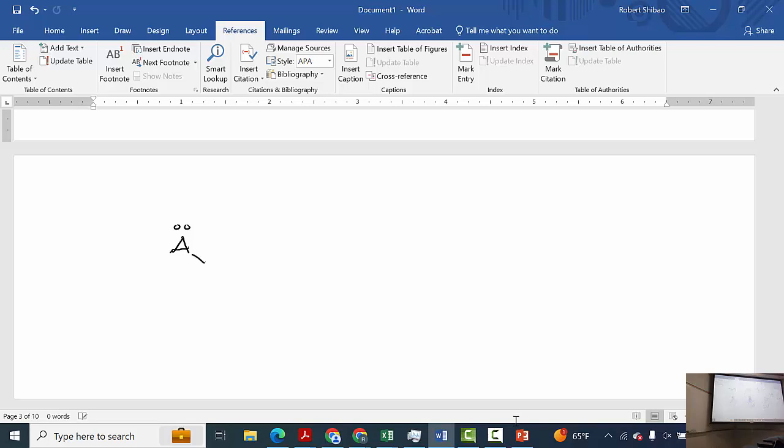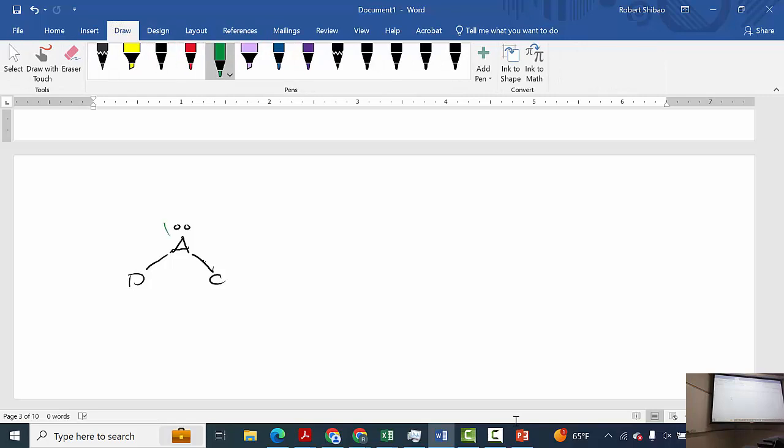The other scenario that we're going to run into is if we have 2 bonded groups and 1 lone pair. And so we'll put a lone pair on A, and then we'll throw in 2 bonded groups. So I'll replace B. I'll leave C and D here. So again, this is going to be trigonal planar EGG.